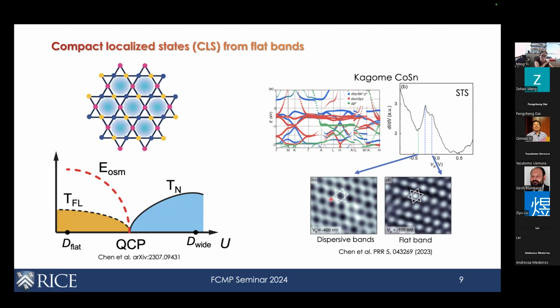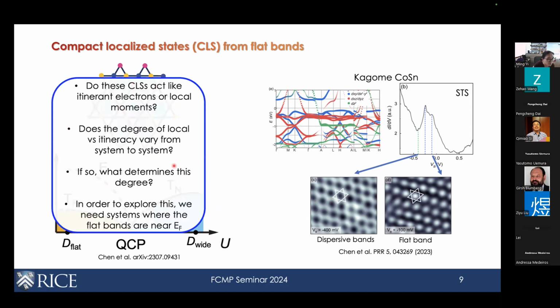So these are real objects, and the question is, these are objects that are distinct from the itinerant electrons that we know, and they're also distinct from the local moments that we know. So what do we think about these objects? Are they itinerant? Are they local?